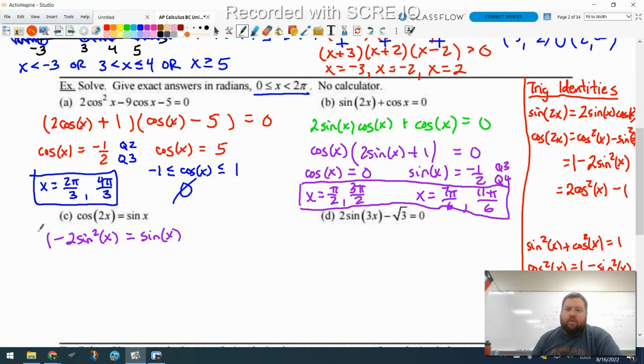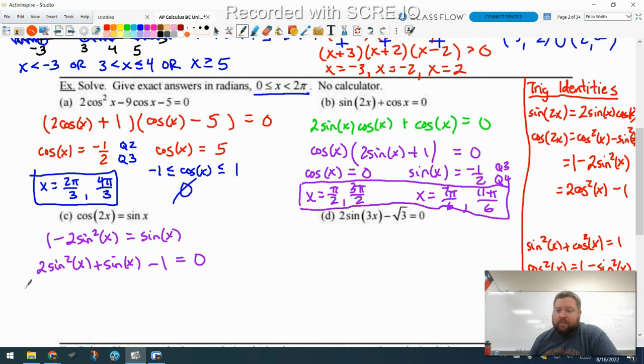All right, then I'm going to move everything to one side. I'm going to move these two to the right because I want my sine squared to be positive. So that's going to be a positive 2 sine squared x. Then I have a positive sine x already over there. Then I'll have a minus 1. And I'm just writing them on the left side because I like it better that way.